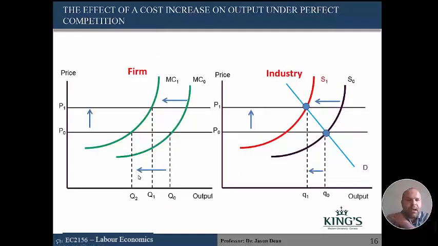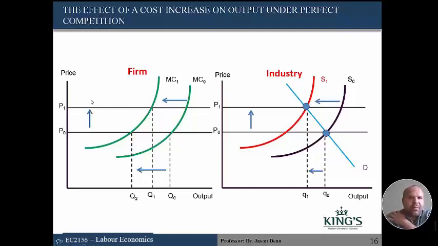So a firm wants to pick the quantity that maximizes their profit. And if you remember from before, the firm is going to want to increase output as long as marginal revenue, in this case the price, is greater than the marginal cost.